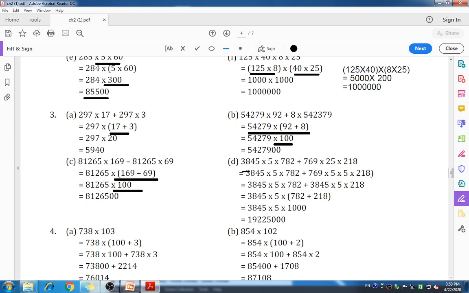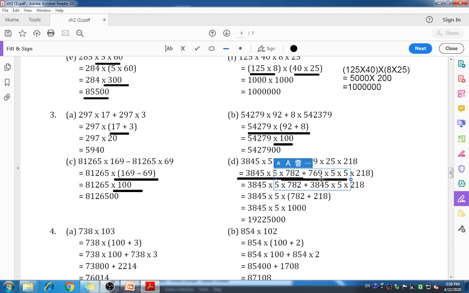Question number D. 3,845 into 5 into 782 plus 769 into 25 into 218. Look carefully. I wrote it the same as in the question, that is 3,845 into 5 into 782.